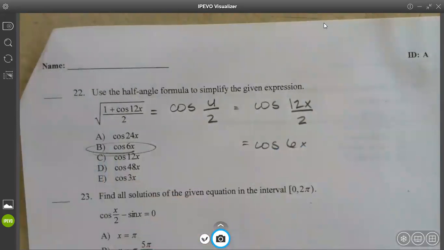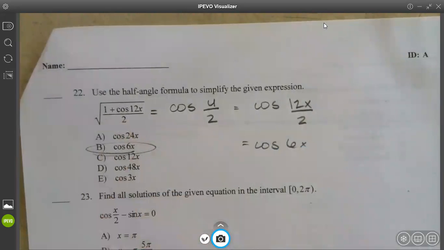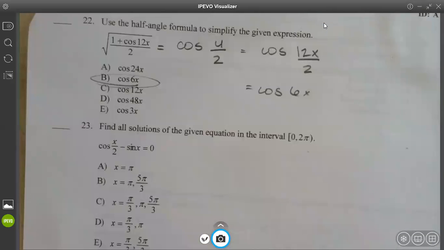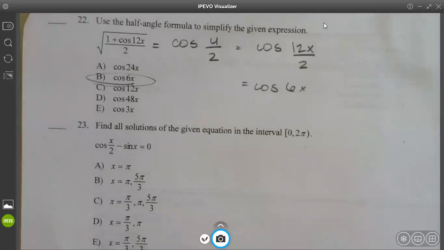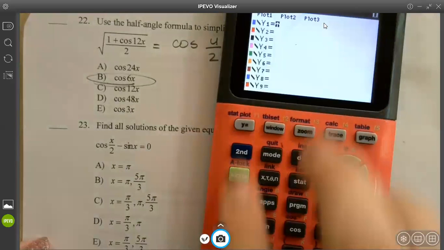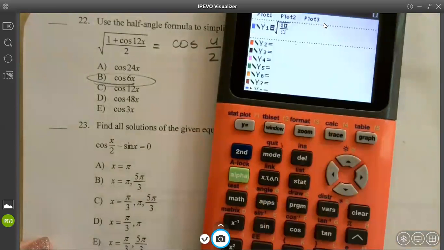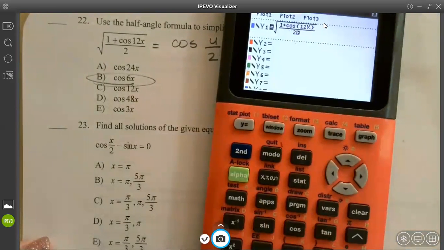Yeah, put it in your calculator. Everybody good? So we could have put this in y1 and then put your answers in y2 and see which one's graphed over each other. So that one you didn't need the formula for. Put the equation in Y1: square root of 1 plus cosine 12x over 2.